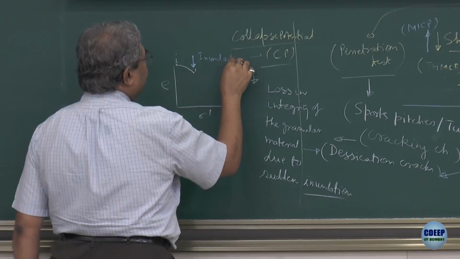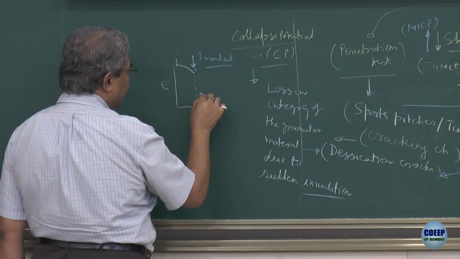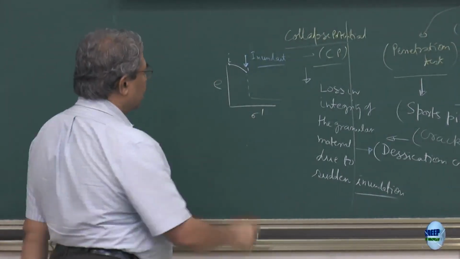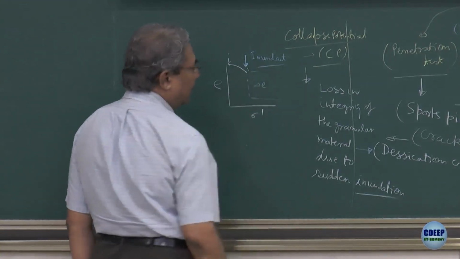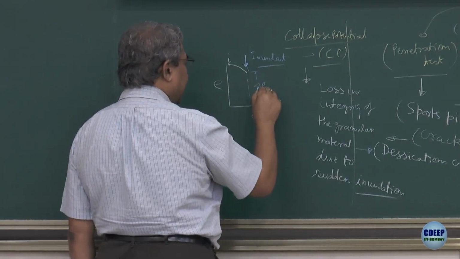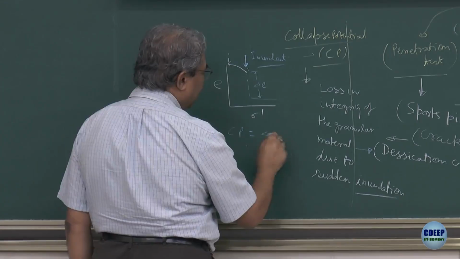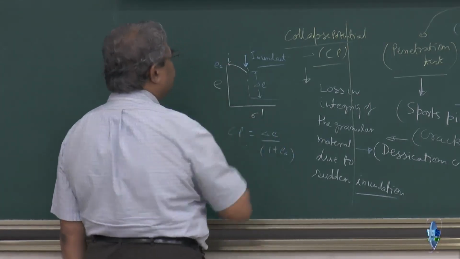We are simulating something which happens due to the rainfall, there will be a loss of void ratio like this, and then again it will continue. This loss of void ratio is delta e, under sustained loading, and then collapse potential will be defined as delta e over 1 plus e naught, where this is the value of e naught.